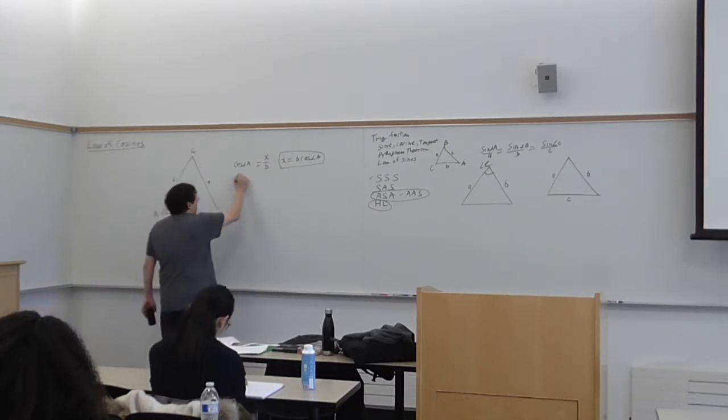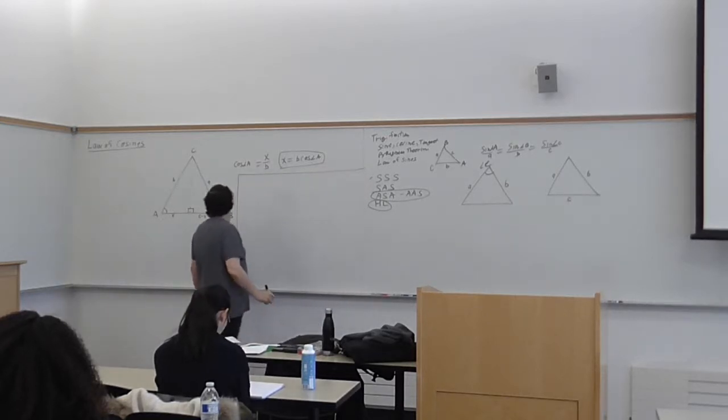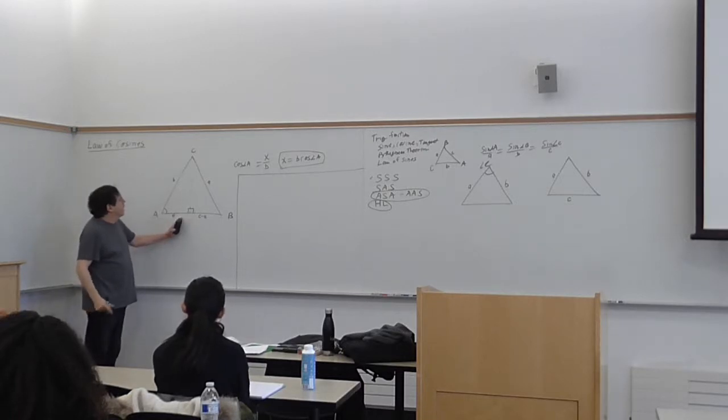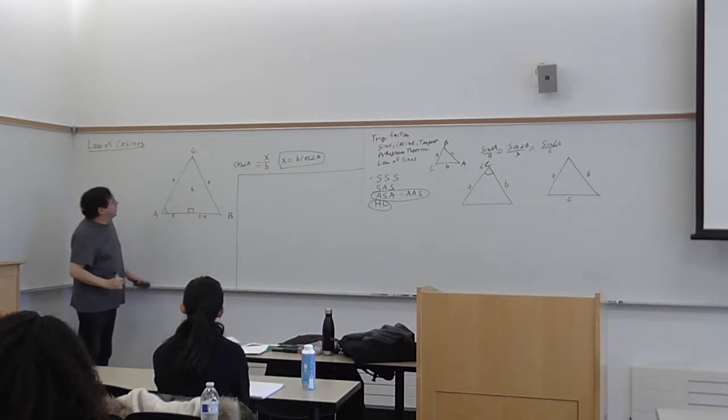The next thing I'm going to observe is that, let's label the altitude h for height. I can apply the Pythagorean theorem to both of these triangles.